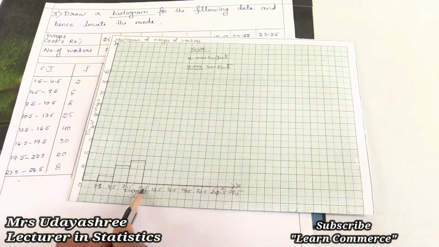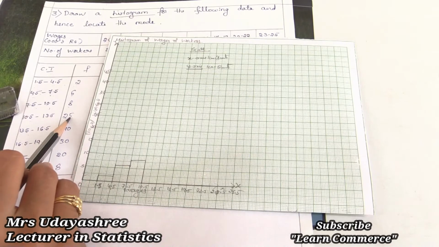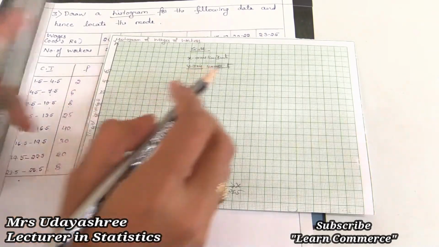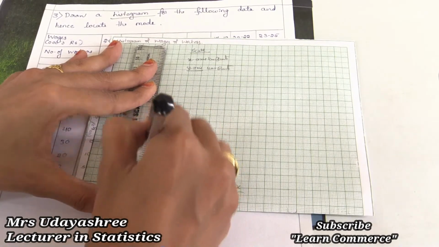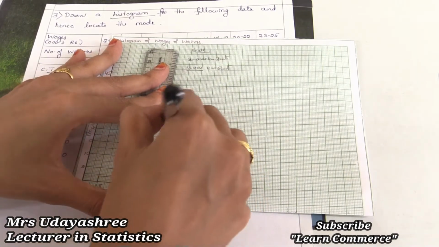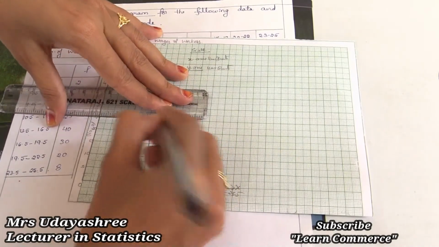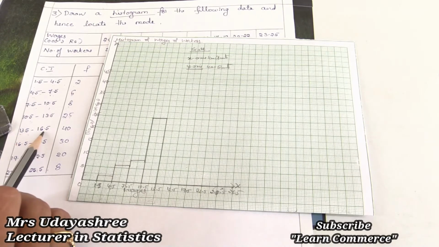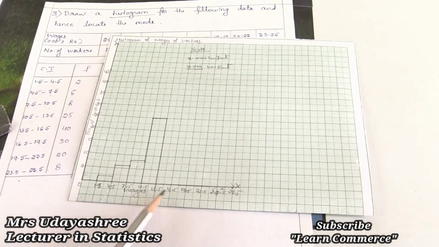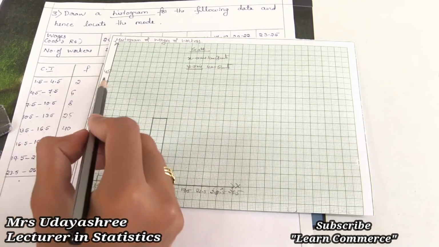Next, 10.5 to 13.5, for that the corresponding frequency is 25, so 25 is here. Next, 13.5 to 16.5, the corresponding frequency is 40, so 40 is here.